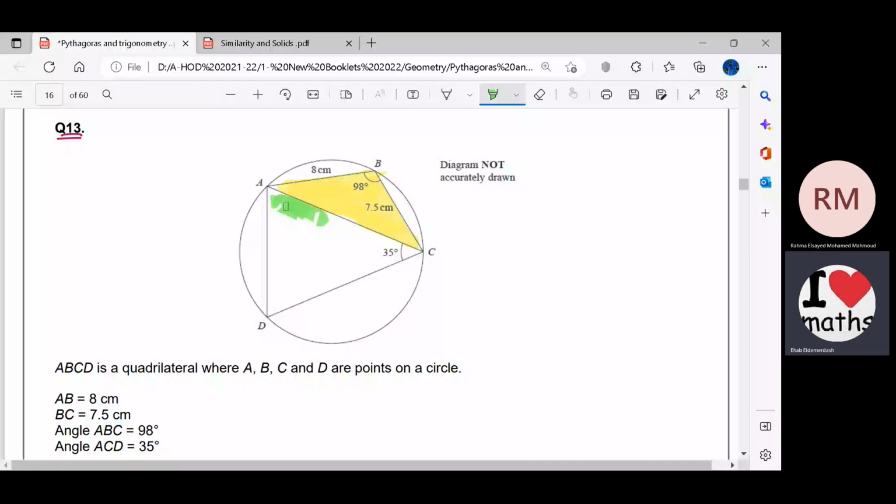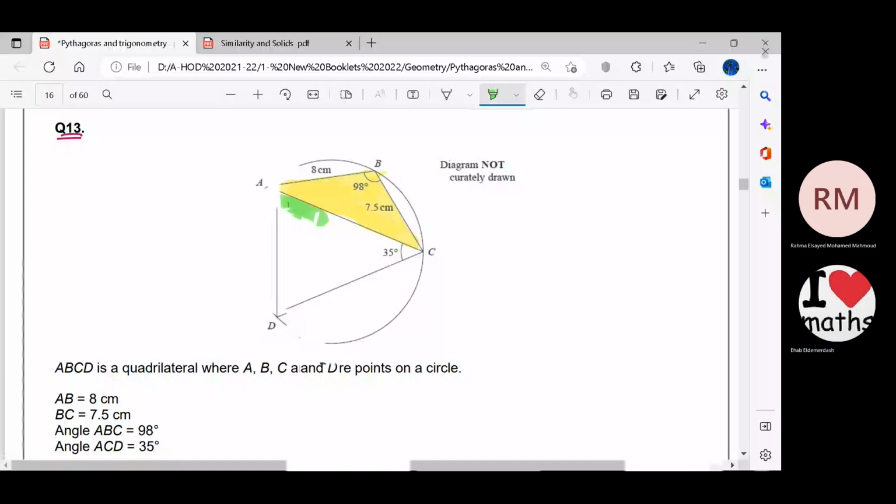Once you have a relation or a connection between the side and the angles, I have to think about the trick. Guys, listen, because this brain map is so important for all of you. Very important.